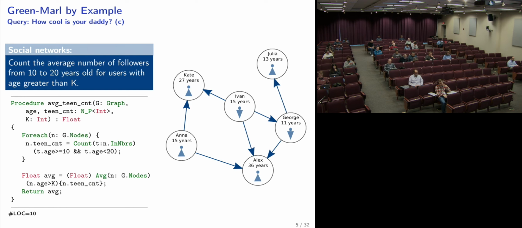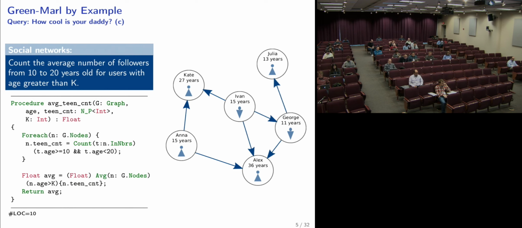So the foreach loop iterates over all vertices of the graph, and for each vertex computes the number of neighbors with age from 10 years to 20 years.